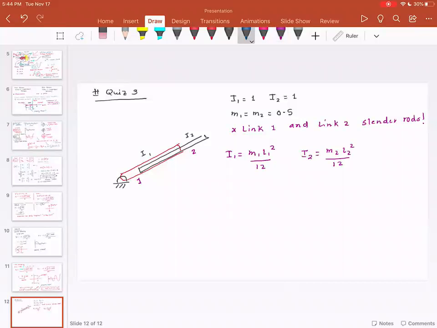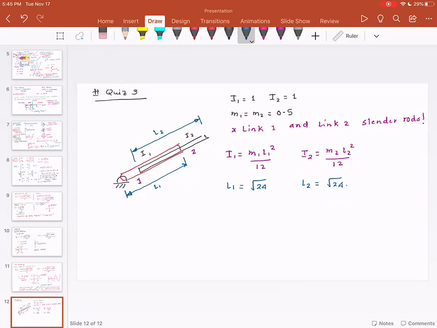From here, I can find the value of L1 and the value of L2, and it can easily be seen that this is going to be square root of 24, and this is going to be square root of 24. Some of you may ask me, what is this dimension? This is L1, and this is actually L2.